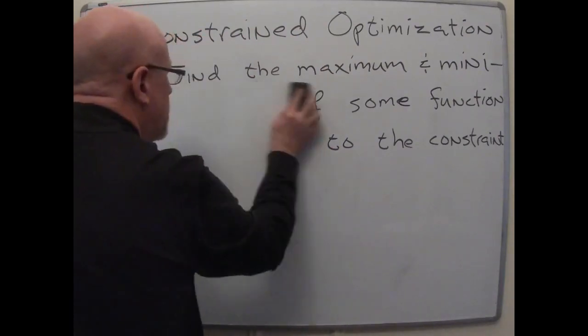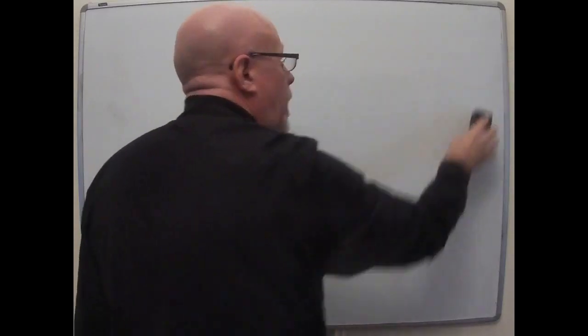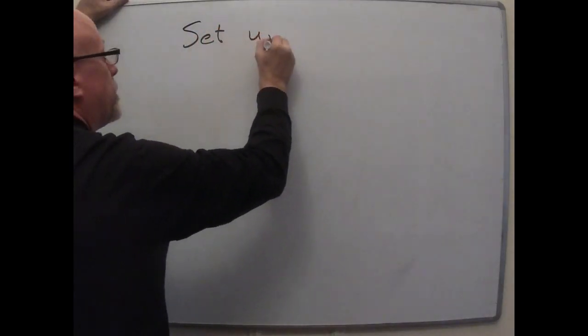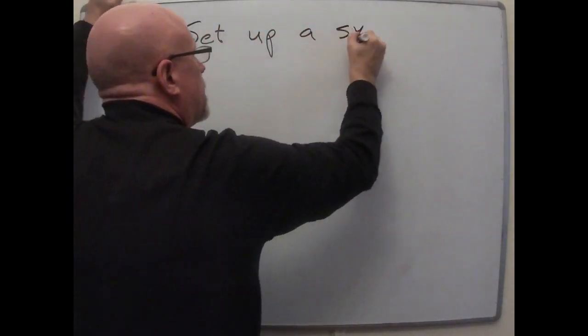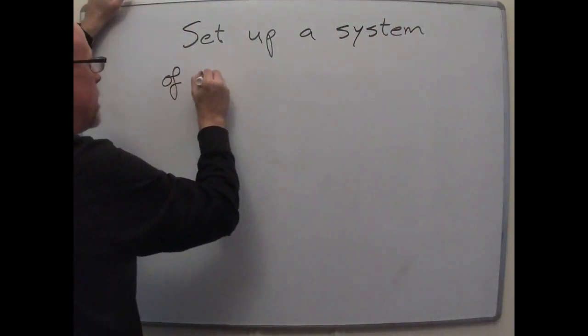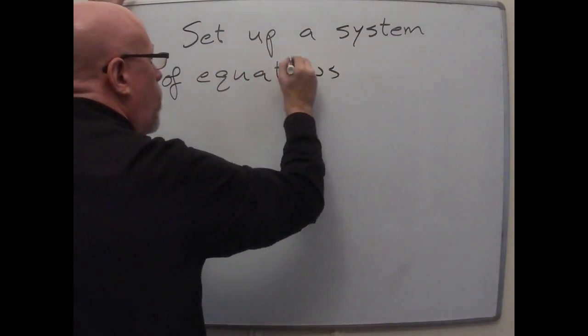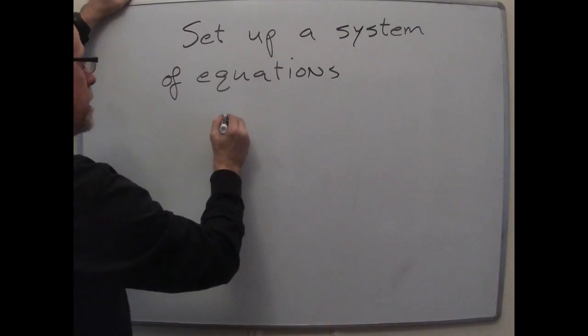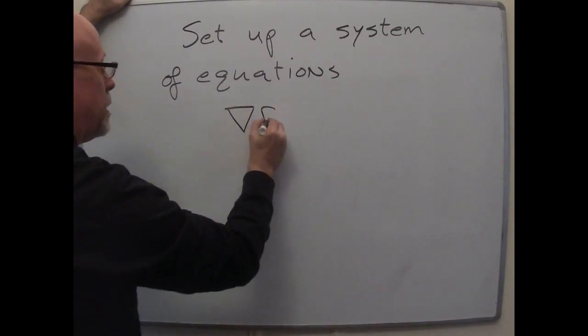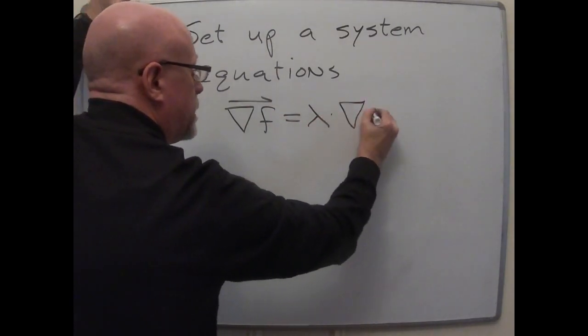So what's the technique? You're going to calculate both gradients, find grad f and grad g, and set up a system of equations. One of them looks like this, that grad f is equal to lambda times grad g.